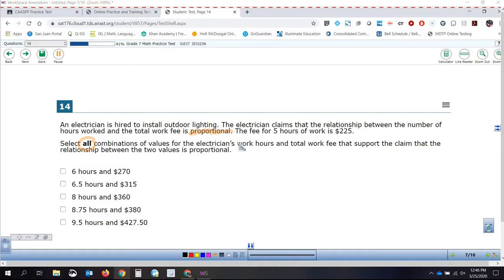All right, I believe we did a previous problem about proportional relationships, but just to review again, in a proportional relationship, we have a value of k, which is called the constant of proportionality.